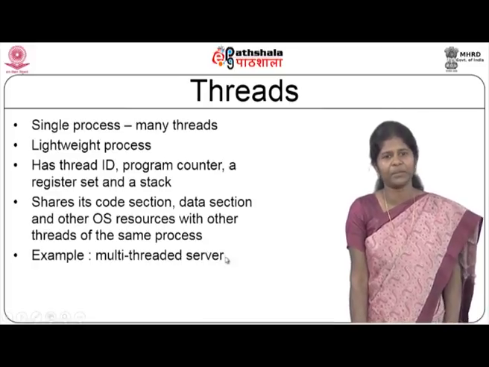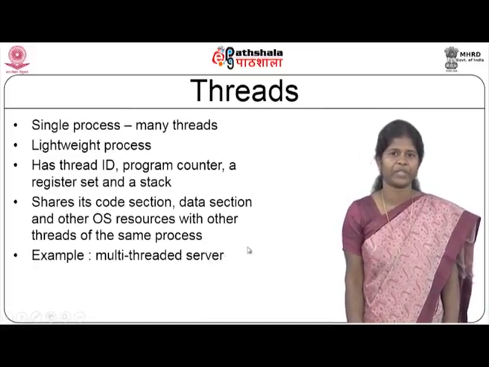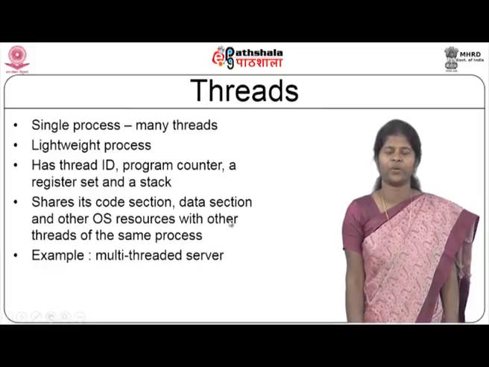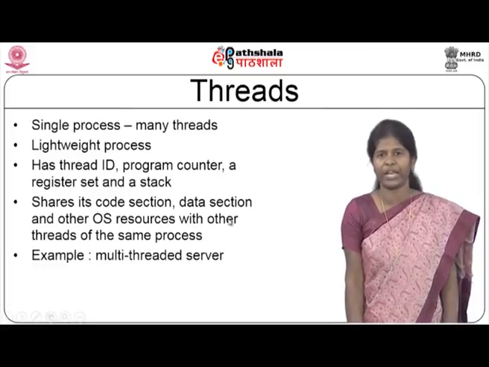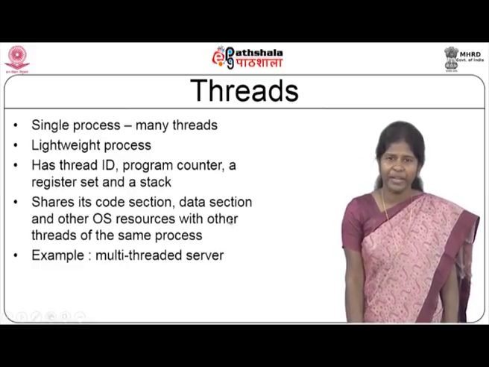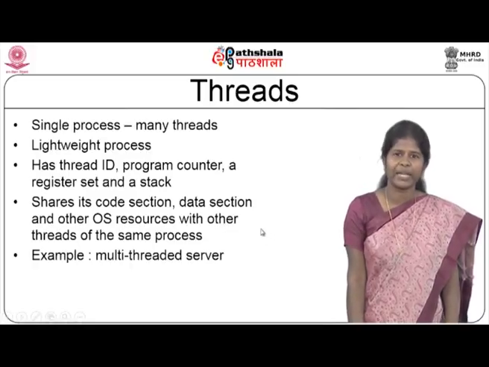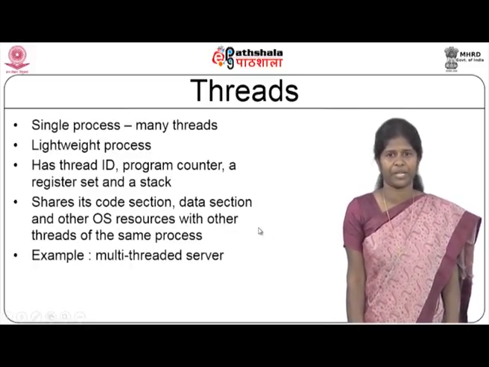So, how are threads being used? We can understand it by using a multi-threaded server. I told you earlier that when you have a server which gets requests from a number of clients, it will create a number of sub-processes so that it can handle all the clients at the same time.